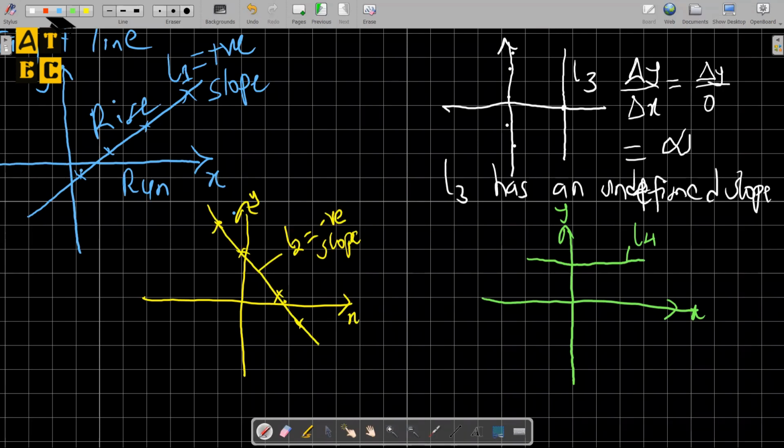The difference between this and what we did last. If you're paying attention, you will notice that L3 is parallel to the vertical axis, but L4, on the other hand, is parallel to the horizontal axis.